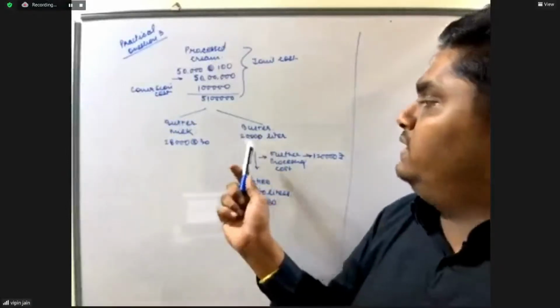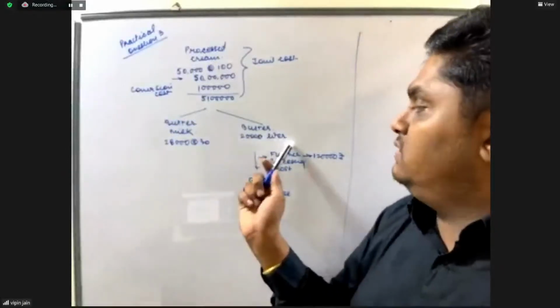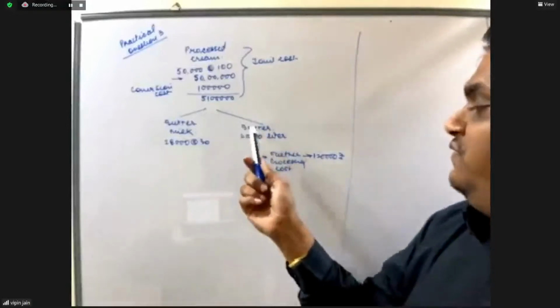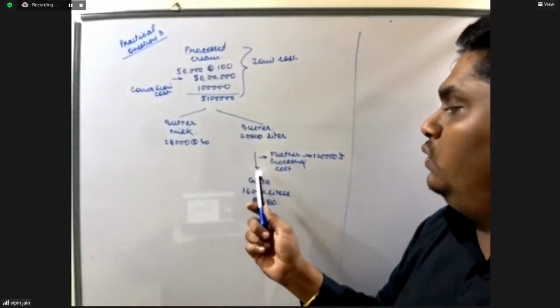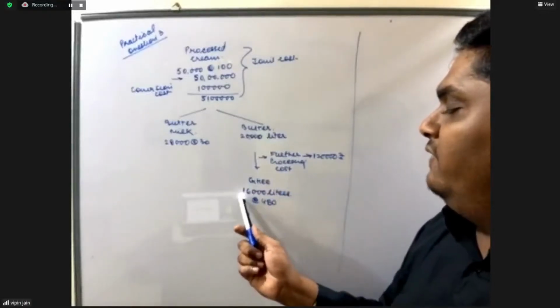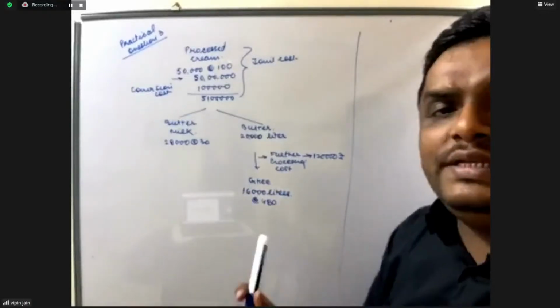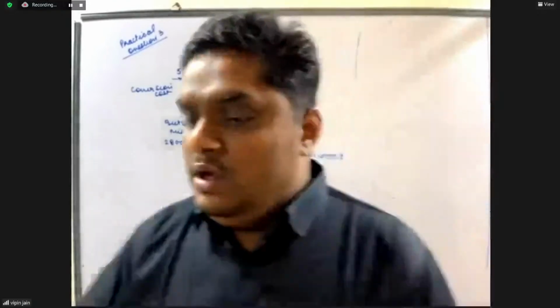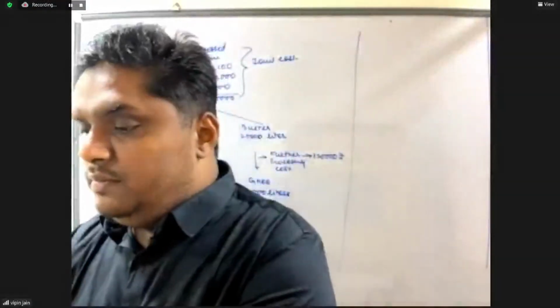When talking about butter, they are getting 20,000 liters of butter. However, it was further processed and converted into ghee, wherein the further processing cost was 1,20,000. We are getting 16,000 liters of ghee that can be sold at the rate 480. So this is what the question is.